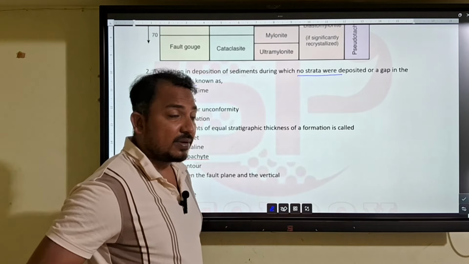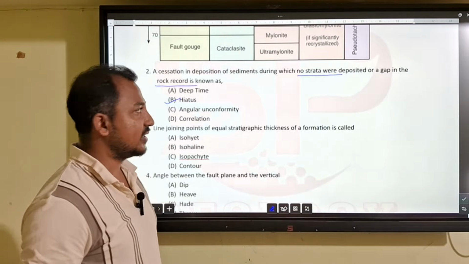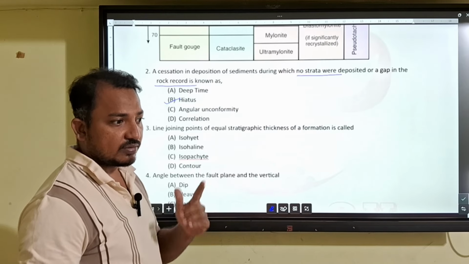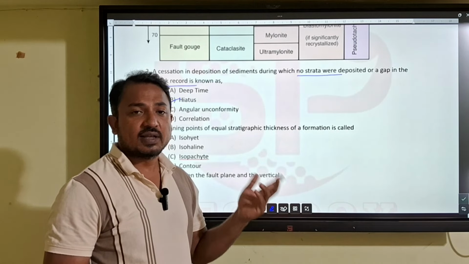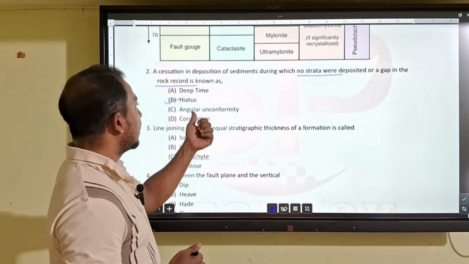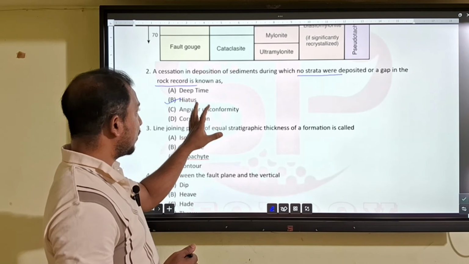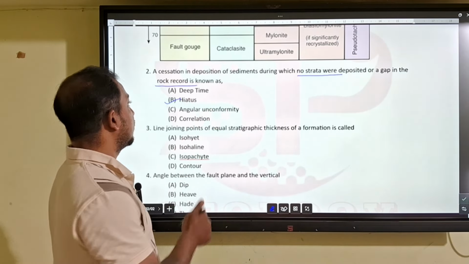Basically the time gap is also called hiatus. Angular unconformity also signifies the same thing, but it always includes a tectonic activity where the lower, older strata are tilted or folded. So this also indicates a time gap, but the more appropriate answer here will be hiatus.